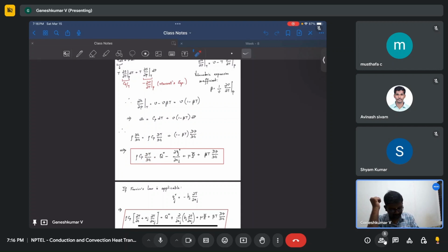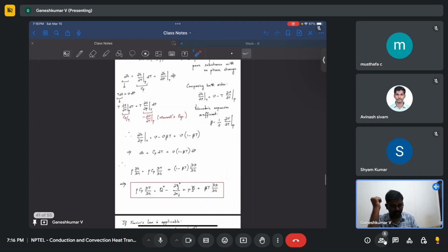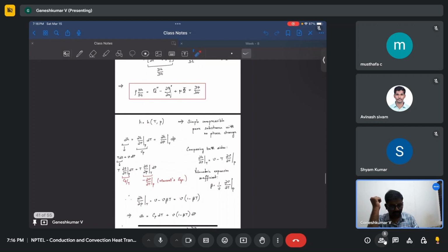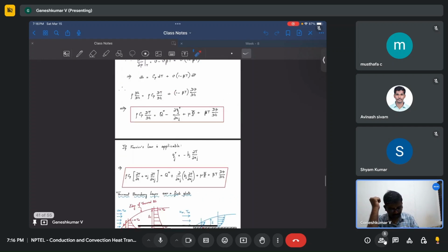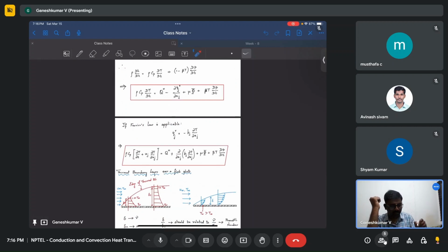If you expand this, you will have u times dou T by dou x, and v times dou T by dou y. That is the convection part of the equation, or the advection part of the temperature, and this is the energy equation in temperature form. And also it is in non-conservative form.